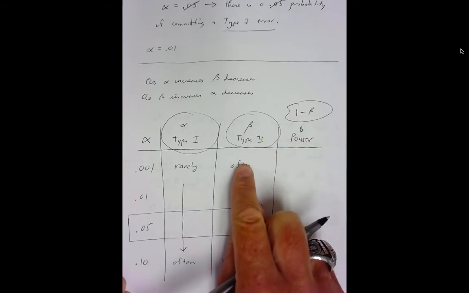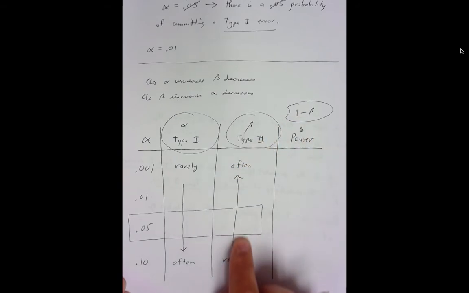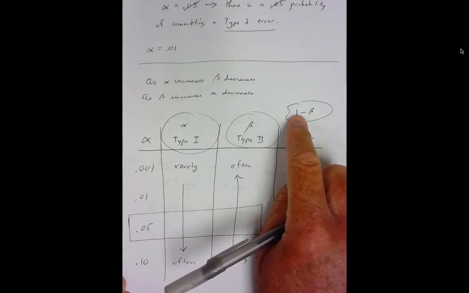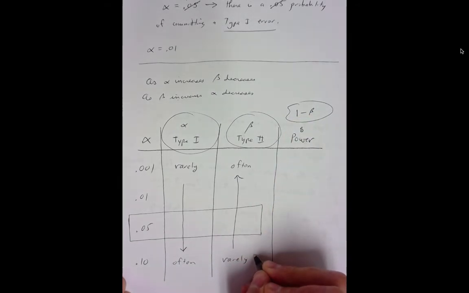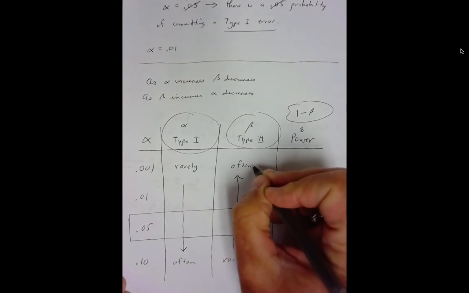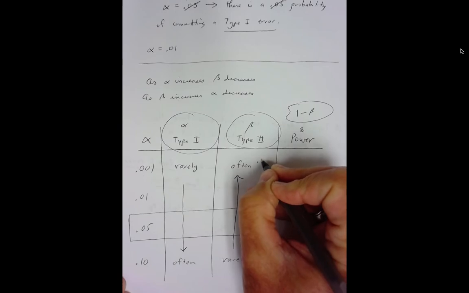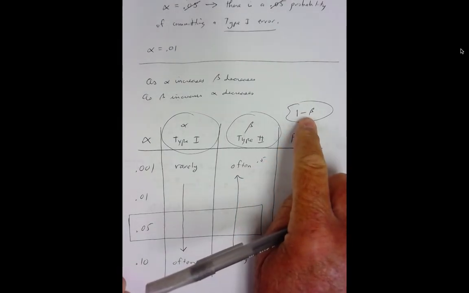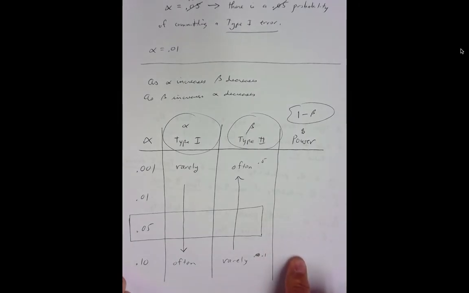Right? If we take a bigger number away from 1, we get a smaller number. If I take 0.5 away from it, I get a smaller number. If I take 0.1 away from it, I get a bigger number.